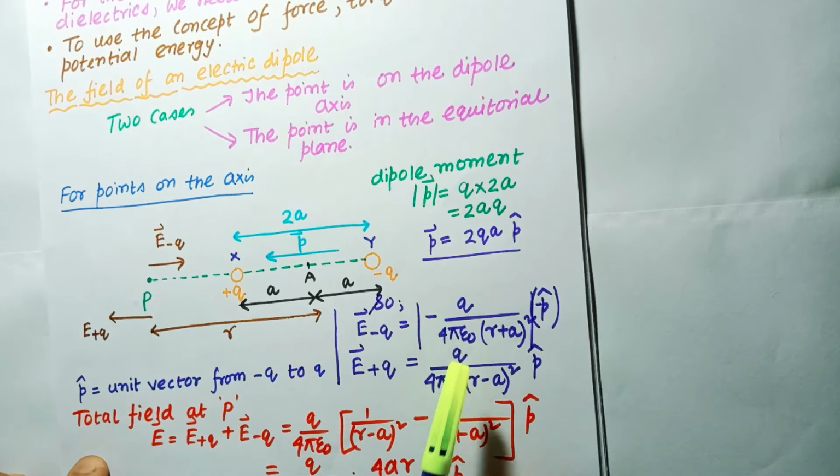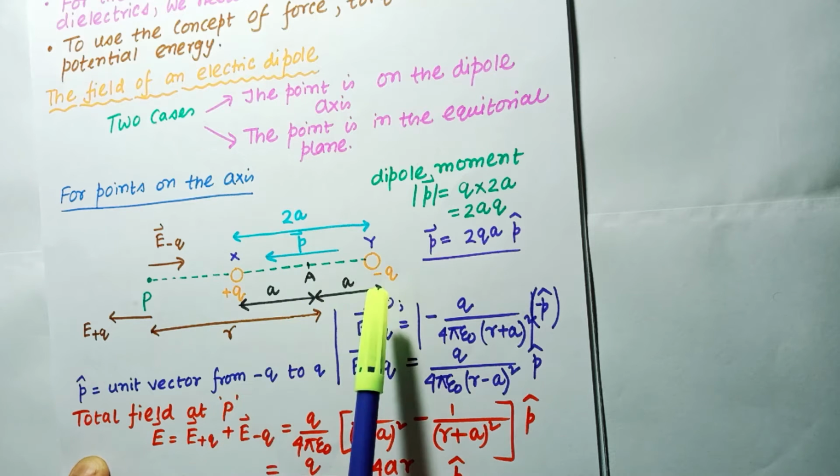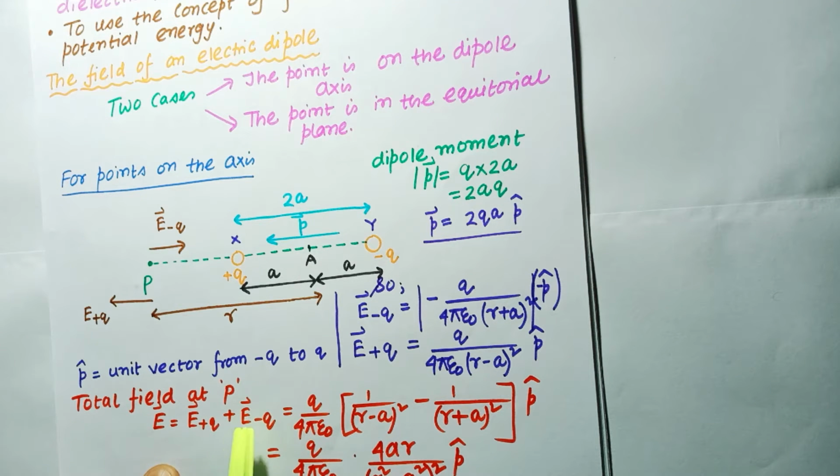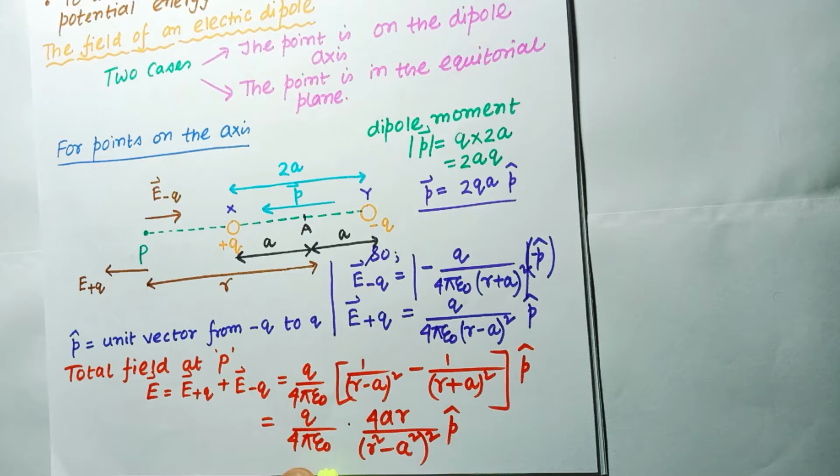The p cap is the unit vector from minus q to plus q. So the total field at P will be the contribution from both the plus q and minus q charges. That is, E vector is equal to E of plus q plus E of minus q, which will be q by 4 pi epsilon naught times 4ar divided by (r squared minus a squared) whole squared times p cap.